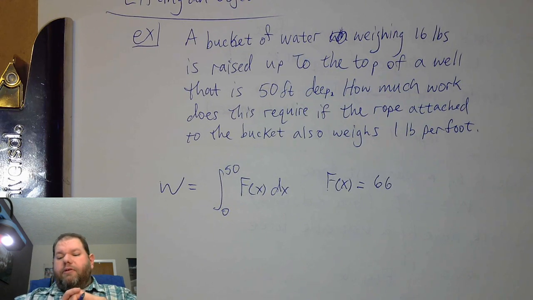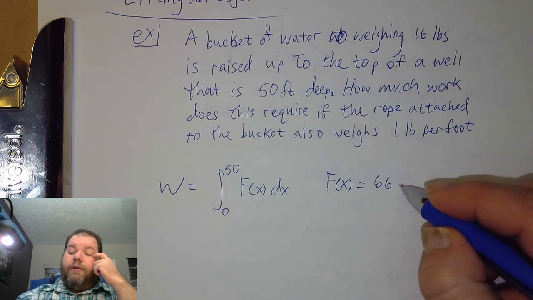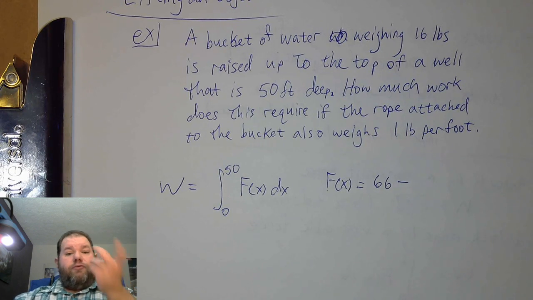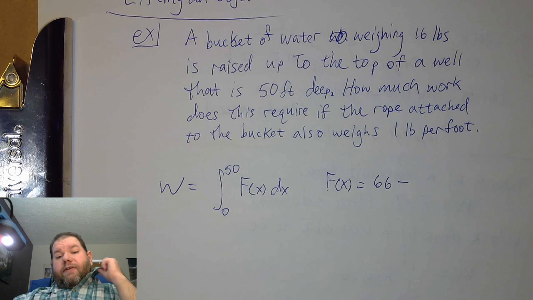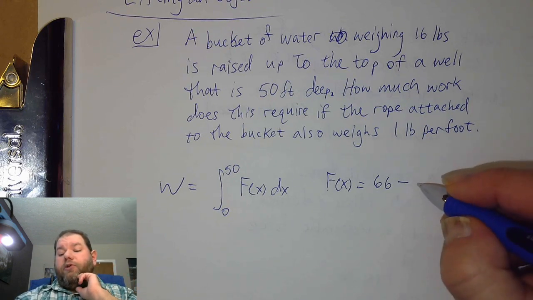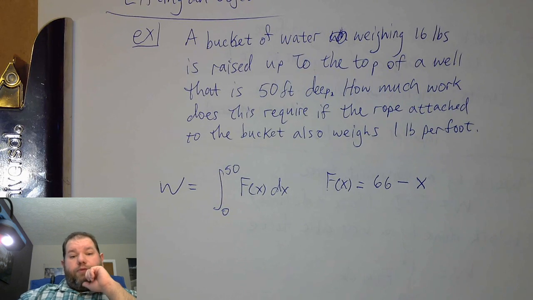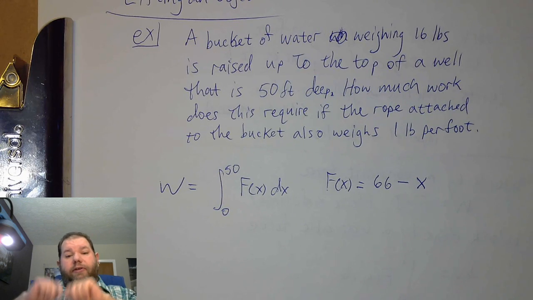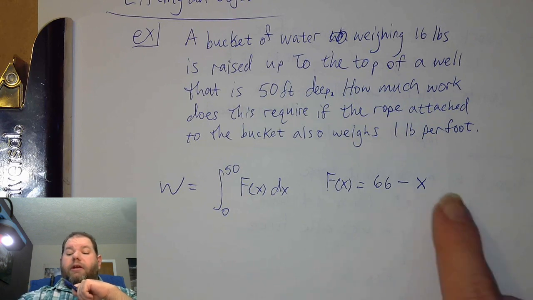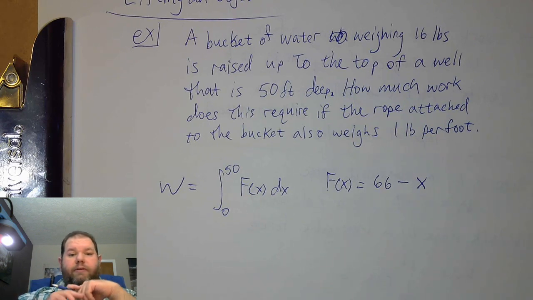And so our force is then modified by how much rope is present. So if x is the amount of rope, then we're going to subtract 1 pound per foot of rope as we wind this up. Every foot that we raise the bucket, it now weighs 1 pound less.